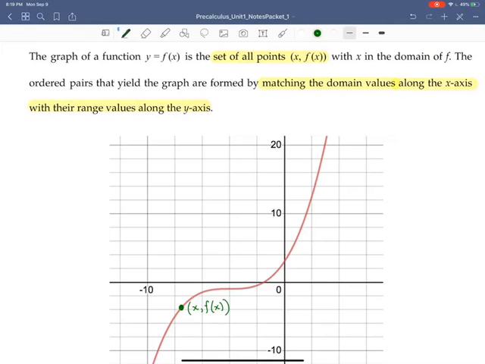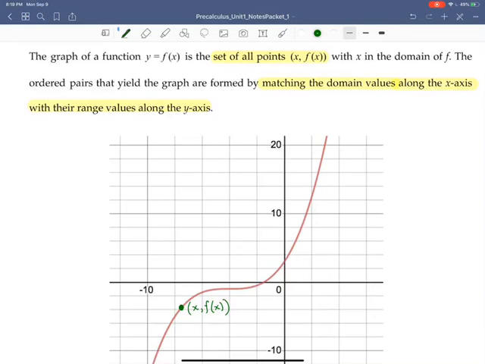Every single point on the graph has the coordinates x comma f of x. So no matter where you are in the graph, if you plug in the x value, the y value is equal to f of x for whatever x value you plugged in.